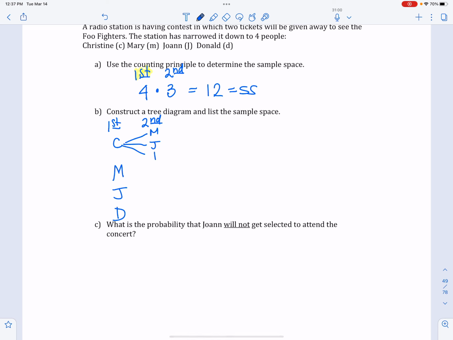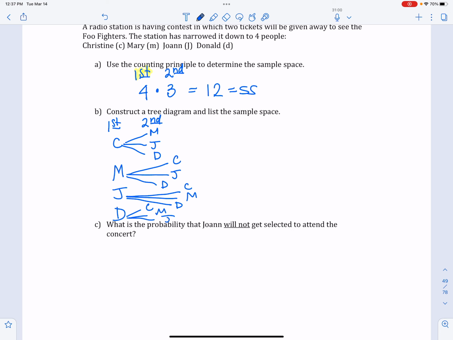If Mary gets picked, it could be Mary then Christine, Mary then Joanne, and Mary and then Donald. If Joanne gets picked, it can be Christine, Mary, or Donald. And then finally, if Donald gets picked, it can be Donald, then Christine, Donald, then Mary, and then Donald, then Joanne.